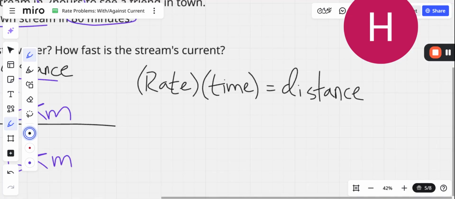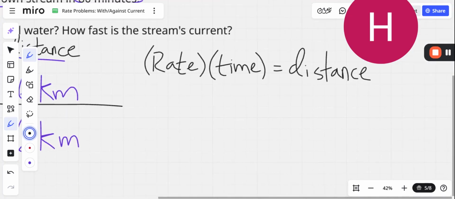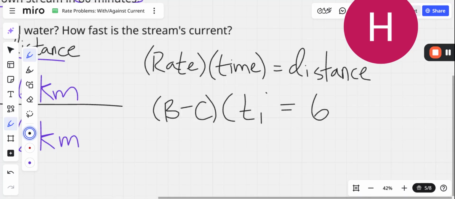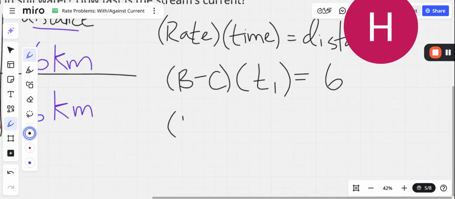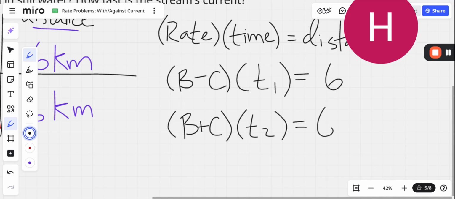So let's see, that means that we have 6 as the distance, and depending on what the rate is, if it's B minus C multiplied by the time, or if it's B plus C multiplied by t2, either way, the total distance is going to be 6. All right.